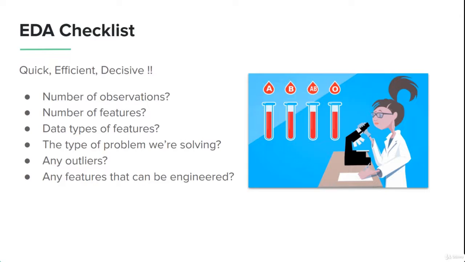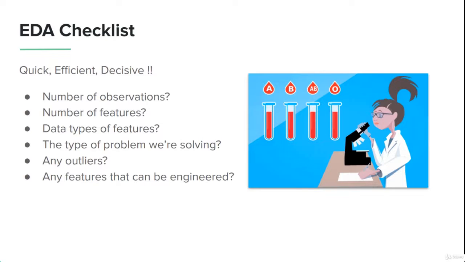Then the next question should be, what is the data type of the features? That is important because it will ultimately help us identify the type of machine learning problem we're dealing with, and the type of visualization techniques we should deploy, and many other questions. So data types of features are very important to find out. Then we should find the type of problem we're solving.